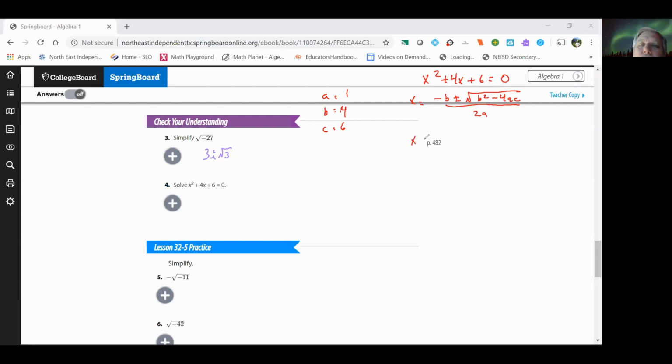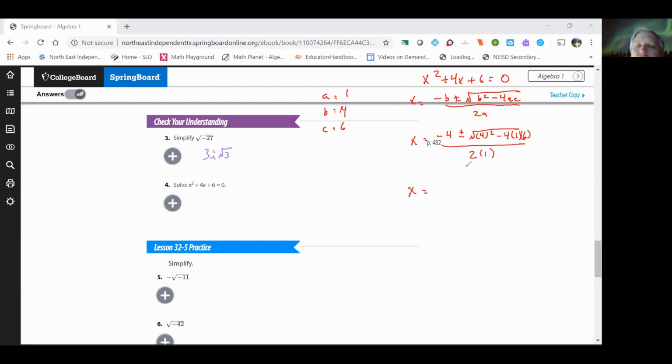And we'll plug it in now. So it's negative 4 plus or minus the square root of 4 squared minus 4 times 1 times 6, all that over 2 times 1.